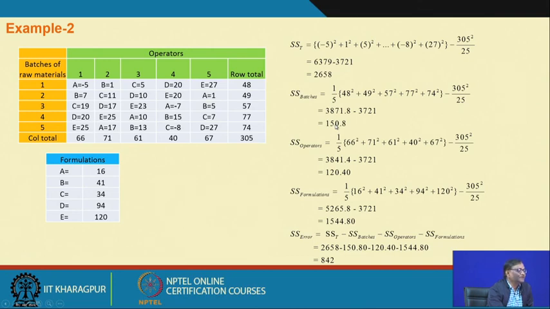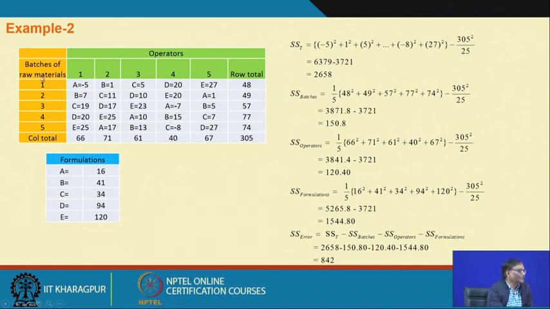So, from computation point of view, when you do SS total, you basically square all the 25 observations and take their sum and minus the correction factor, the total square by 25.